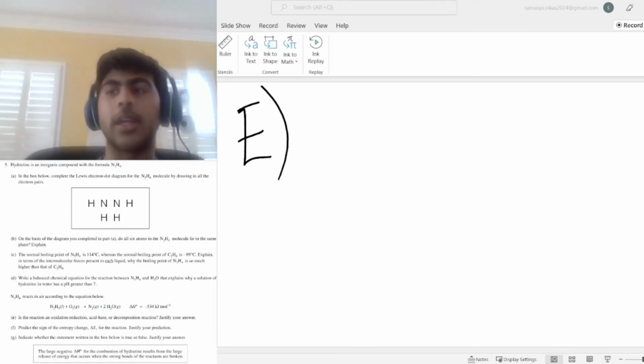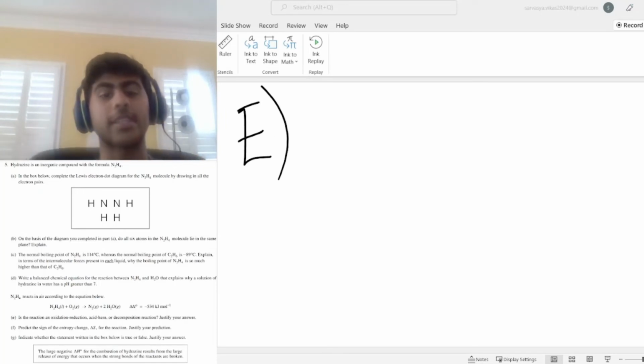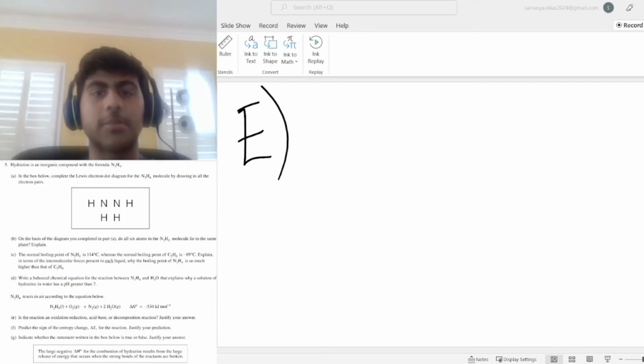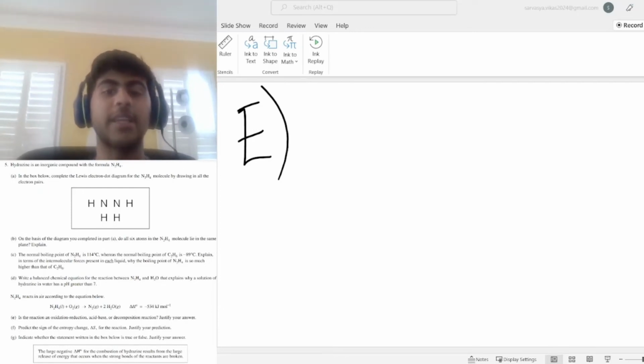An oxidation reduction reaction is one where the oxidation numbers change. We find that out by writing the equation and writing down each of the oxidation numbers and seeing if they change. An acid base has to have a clearly defined acid and a base, where something gets protonated or deprotonated.